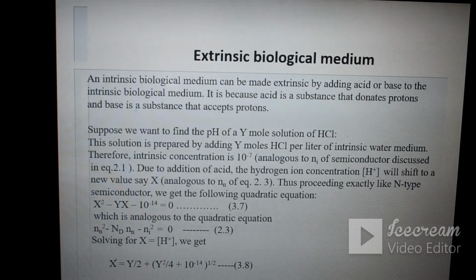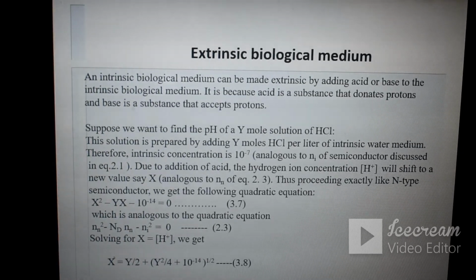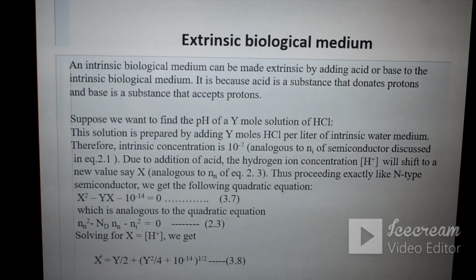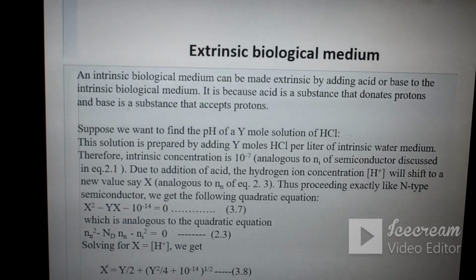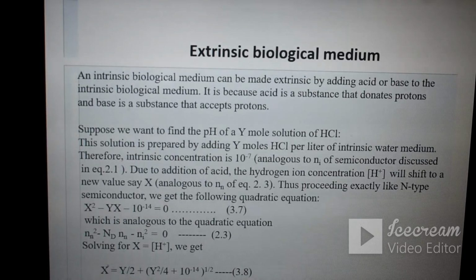Now come to extrinsic biological medium. An intrinsic biological medium can now be made extrinsic by adding acid or base to the intrinsic biological medium. It is because acid is a substance that donates protons and base is a substance that accepts protons.